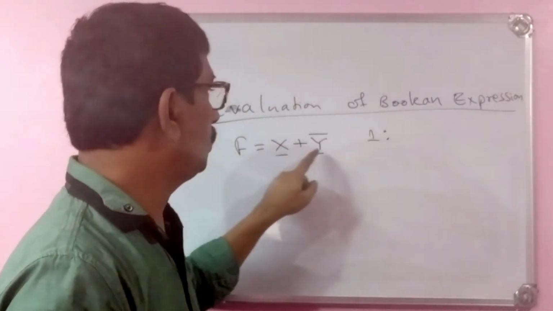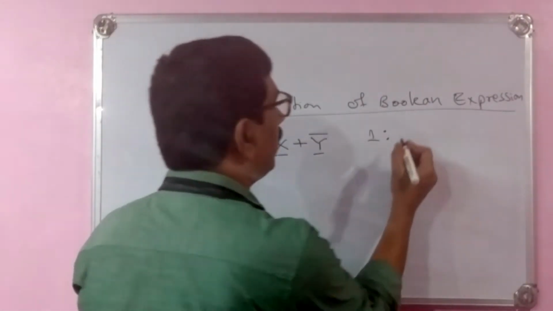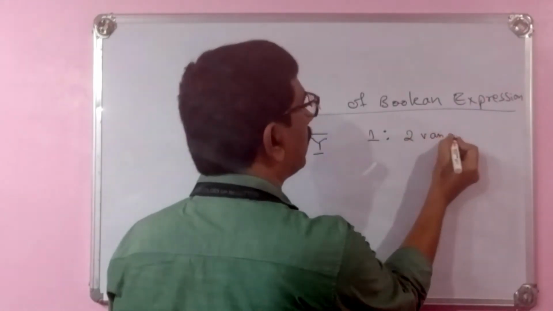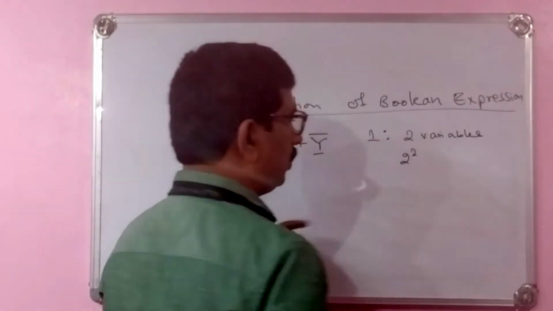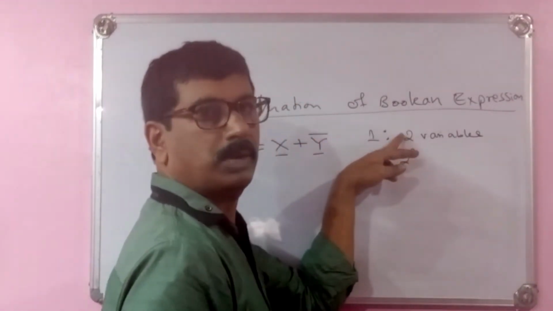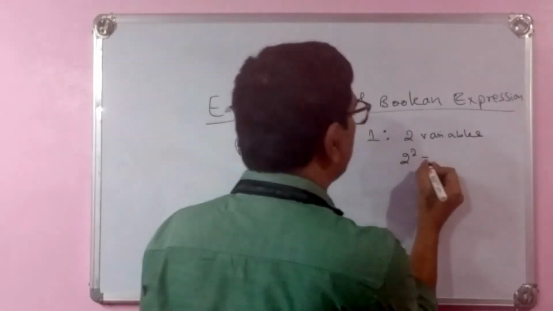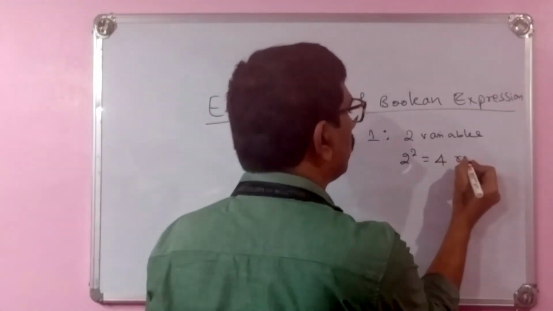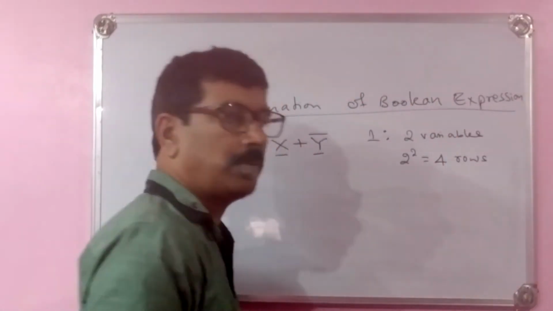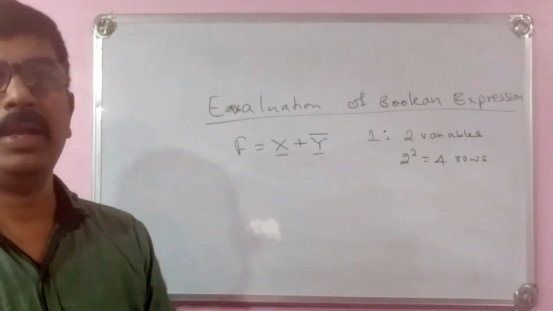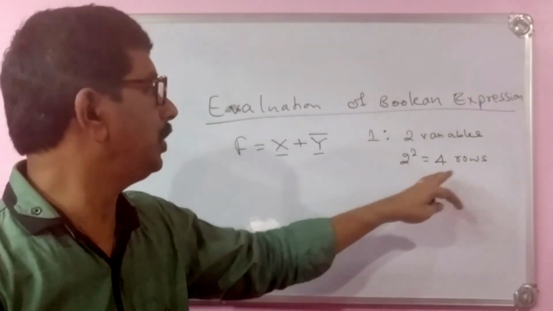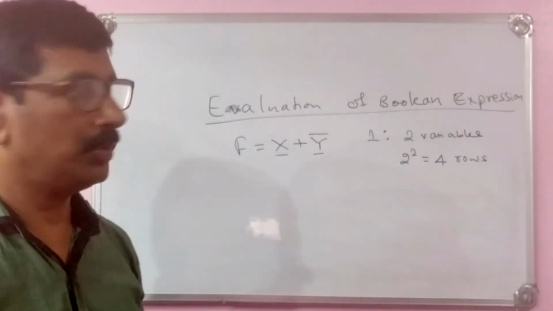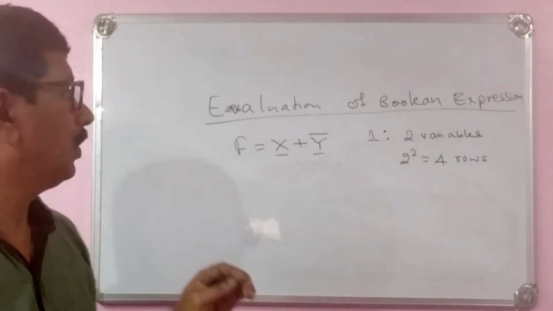There are two variables, x and y, so we take 2 raised to n, where n is the number of variables. 2 raised to 2 is 4, which means 4 rows are needed in the truth table. That is step 1.